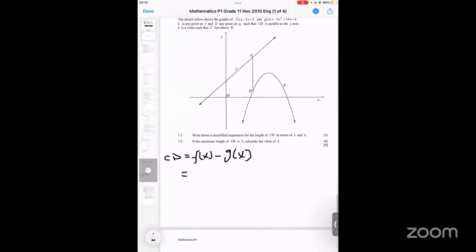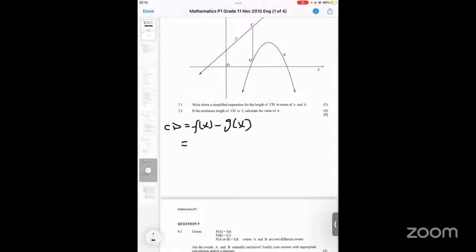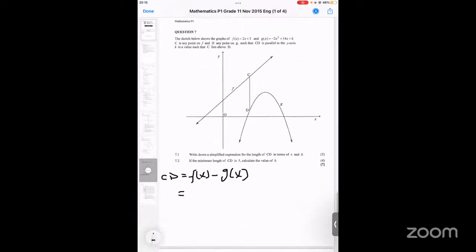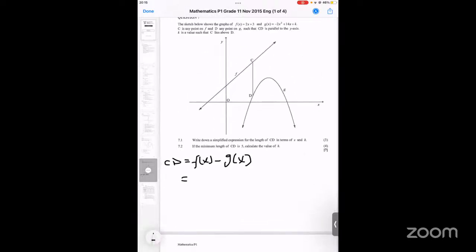Yes, sir. So I just took the two graphs and basically I subtracted, then I wrote the equation.